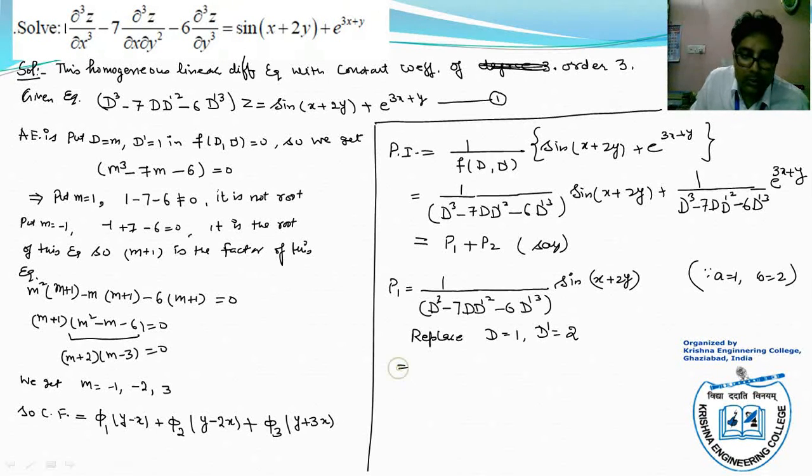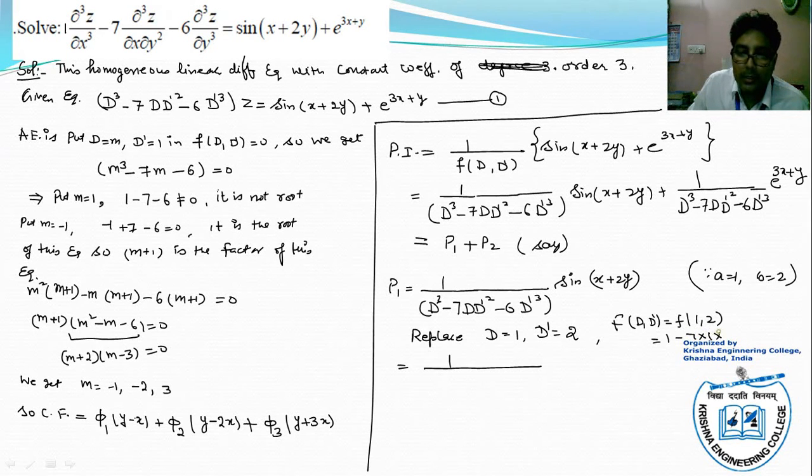Then we get f(1, 2) is equal to 1 minus 7 into D is 1, D dash square is 4, minus 6, D dash cube is 2 cube, 8.